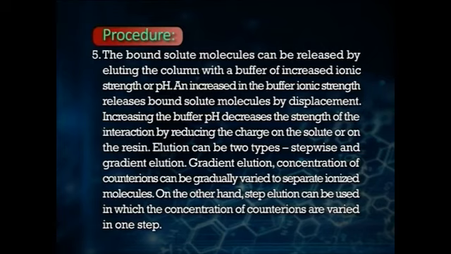Elutions can be of two types, stepwise and gradient elution. In gradient elution, concentration of counter ions can be gradually varied to separate ionized molecules. On the other hand, step elution can be used in which the concentration of the counter ions is varied in one step.